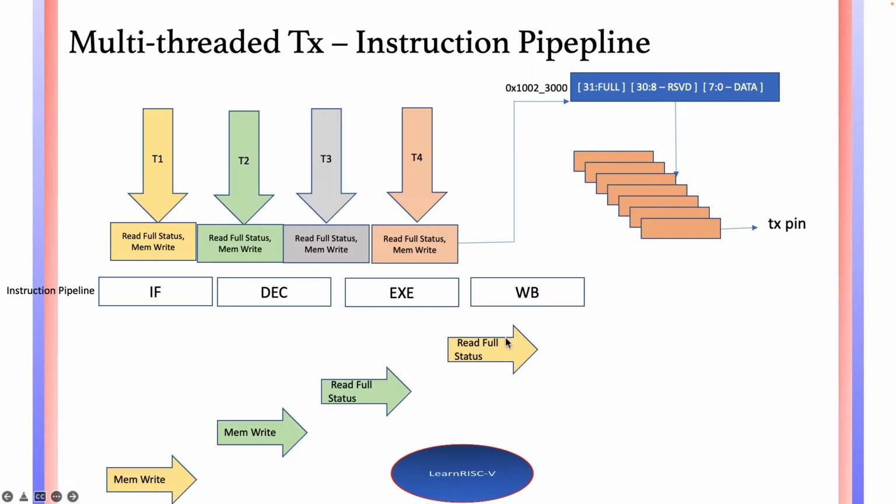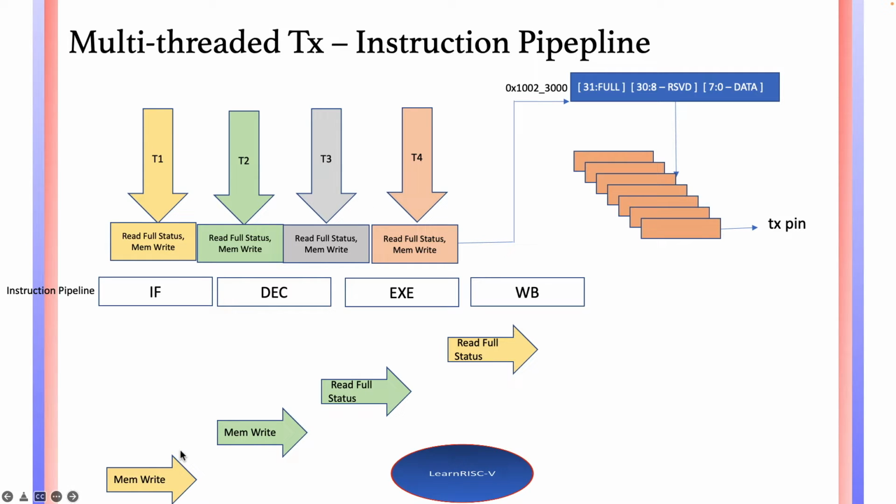Let's say that this read full status from thread 1 returns that there is FIFO space or buffer available, but then before this memwrite comes, it can switch to thread 2, and thread 2 would have already read the full status, and it might have written a byte to it. And then when this thread 1 memwrite is inserted into the pipeline, if it is configured for only one FIFO, there's a very good chance that this memwrite would fail.